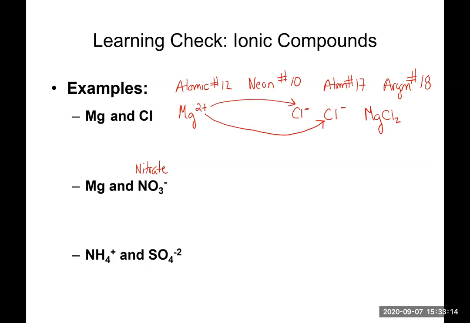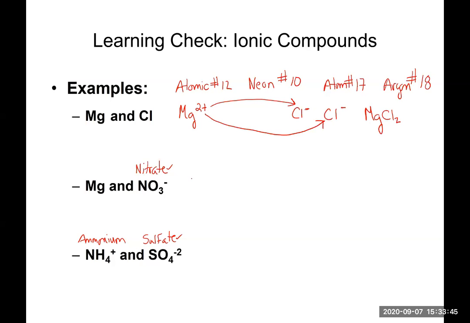This is sulfate, and sulfate's chemical formula is SO42-. If you're just given the names, you're going to have to derive the chemical formulas in order to write the compound that would form between, for example, magnesium and nitrate, or between ammonium, which is another polyatomic ion you have to memorize, and sulfate.